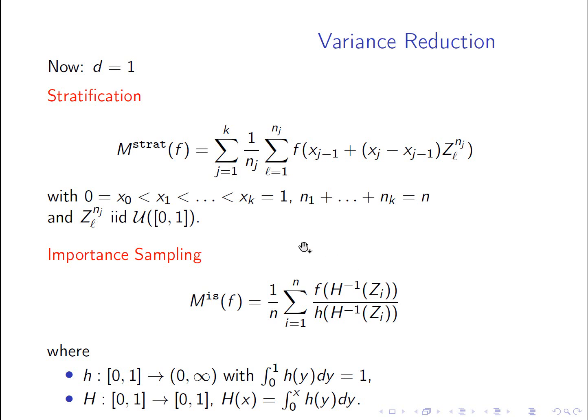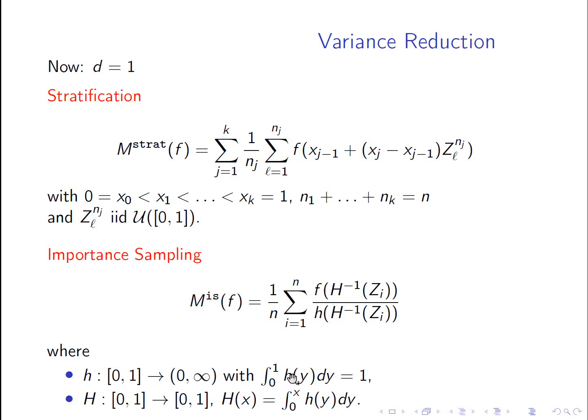And here we are doing the classical averaging principle, but not of f of zi, but of f applied to the inverse of capital H applied to zi, divided by small h applied to the inverse of capital H applied to zi. The small h here is a function from [0,1] to (0,infinity), zero excluded, so it's strictly positive.